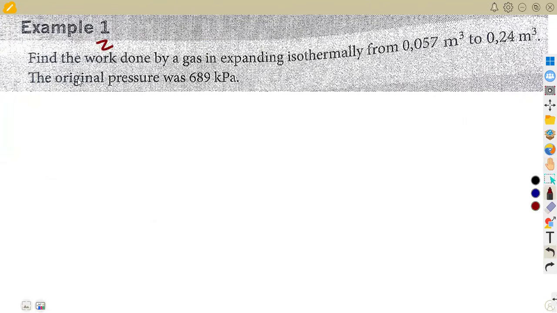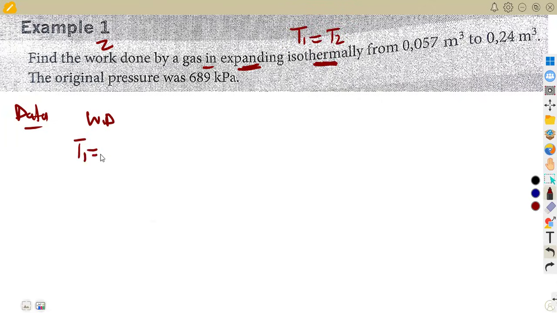All right, another question, find the work done by a gas expanding. So when it is expanding, it's positive. Whenever it is expanding, you see that for a compression, you're going to get negative answers. So they're saying we are supposed to calculate the work done in this case. We do not know the work done expanding isothermally. So isothermally means T1 is equal to T2. Remember your processes.